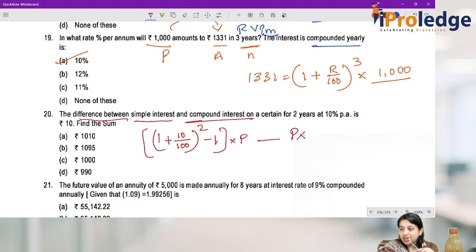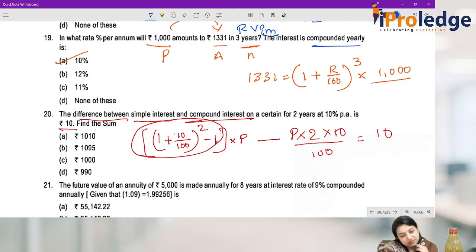Principal is not known, time period is 2, rate of interest is 10 by 100, and the difference is 10. First solve this.